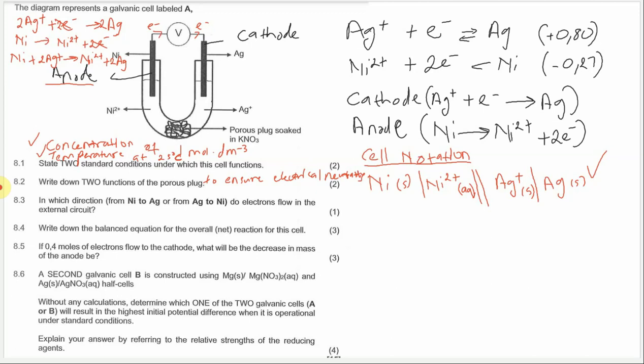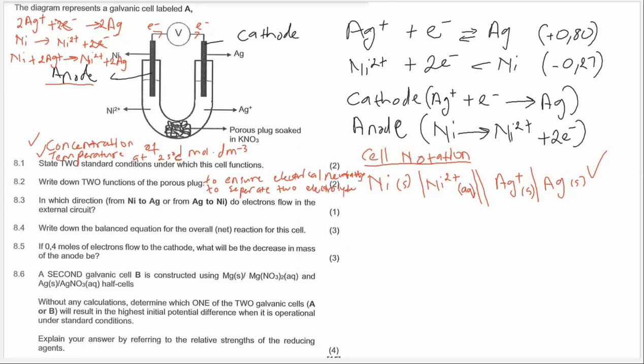So to ensure electrical neutrality. The second one is to separate the 2 electrodes. Not electrodes, I mean electrolytes. So to separate 2 electrolytes.